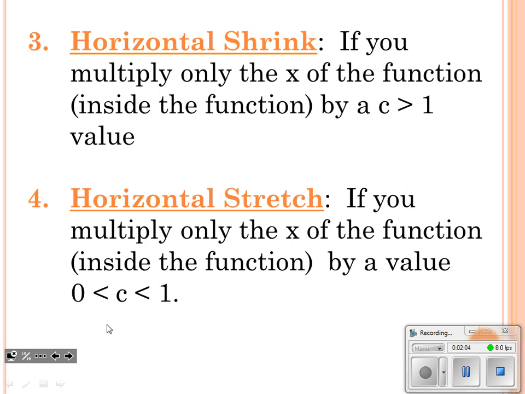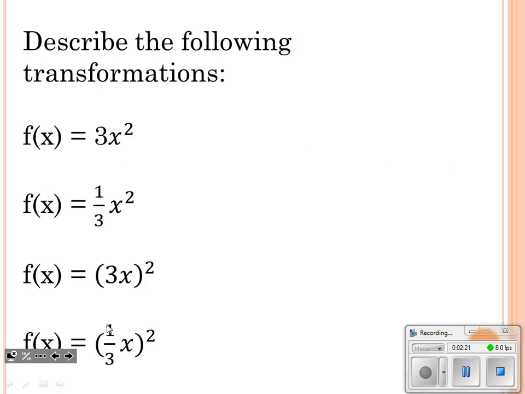And they will, again, mess with the shape of our graph. They're going to shrink and they're going to stretch. So I would equate that to getting skinnier and getting fatter, or maybe kind of modeling the looks of a rubber band if you pull it. So anyway, let's take a look at just diagnosing a few or describing a few of these transformations first. Then we'll go on and we'll take a look at some graphing.